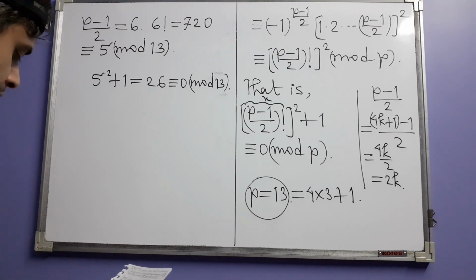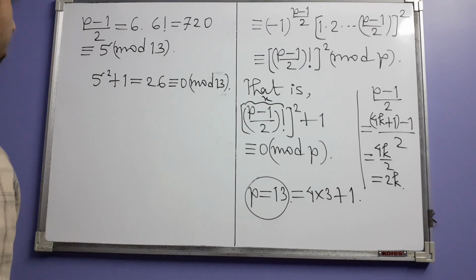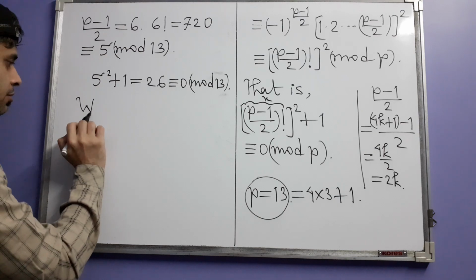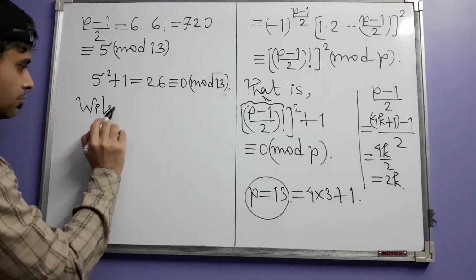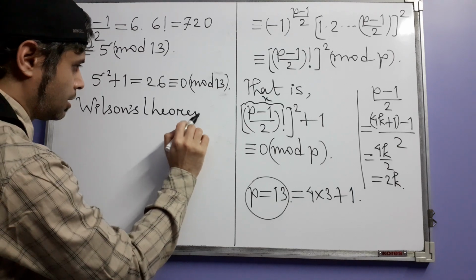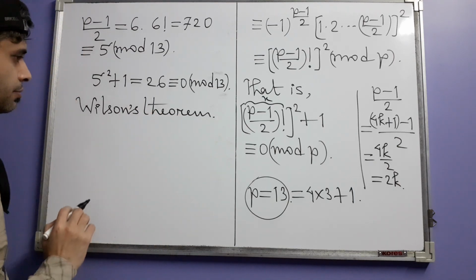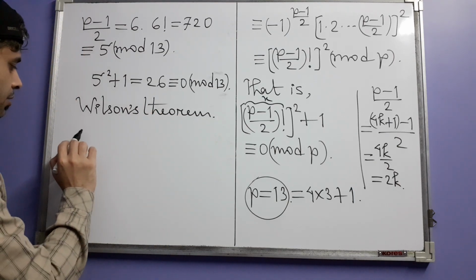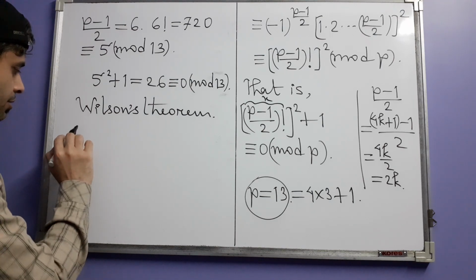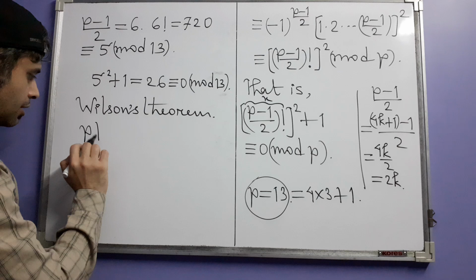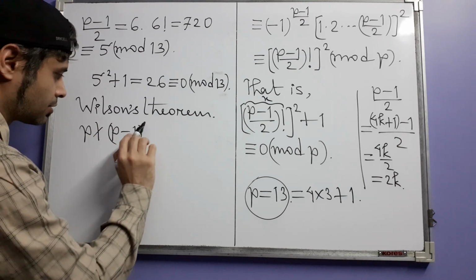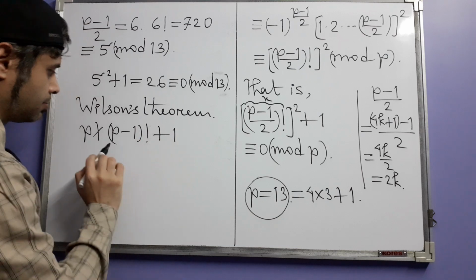And finally, there is one remark that the author makes. Wilson's theorem gives us a fact about composite numbers. Let us recall Wilson's theorem. What it says is that P divides (P minus 1) factorial plus 1.